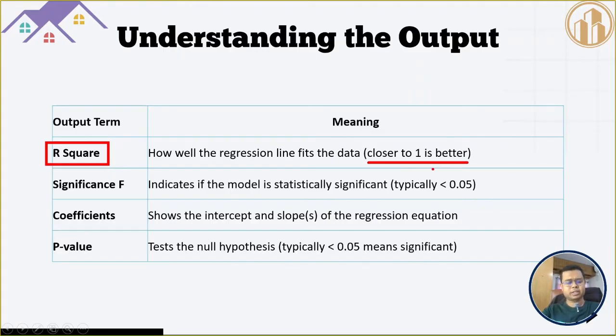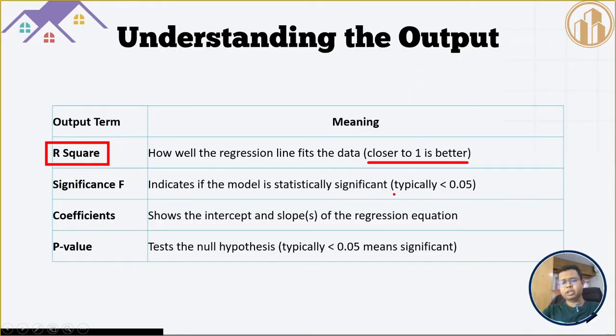In many cases, some say that greater than 0.8, I mean greater than 80%, is better. As usual, close to 1 is very good, close to 0 is very bad, right? The significance F indicates if the model is statistically significant.